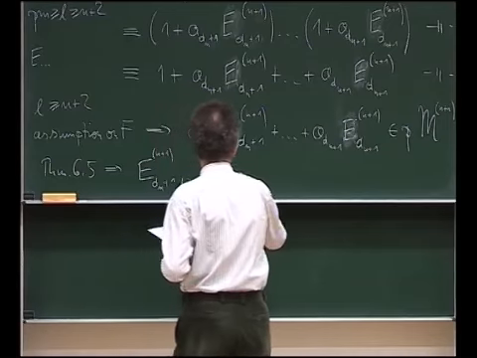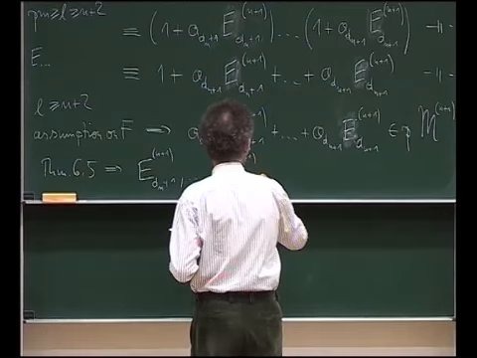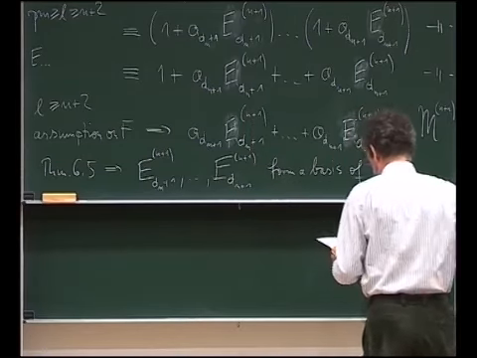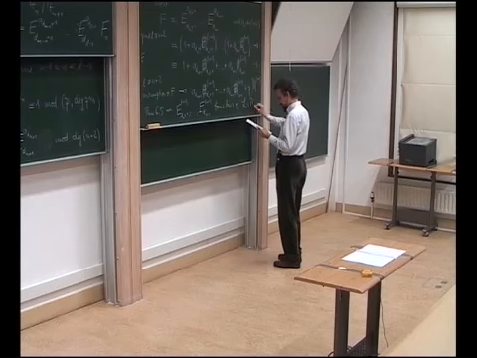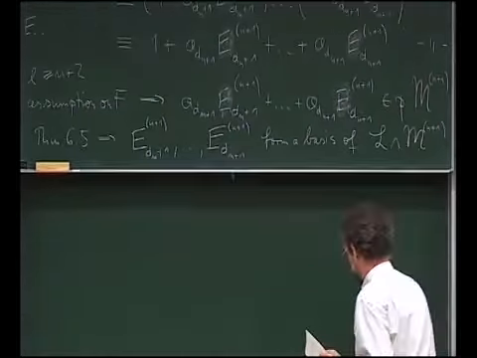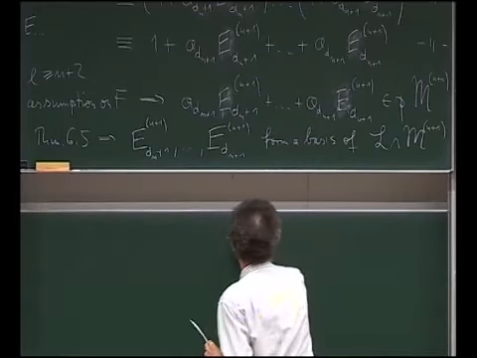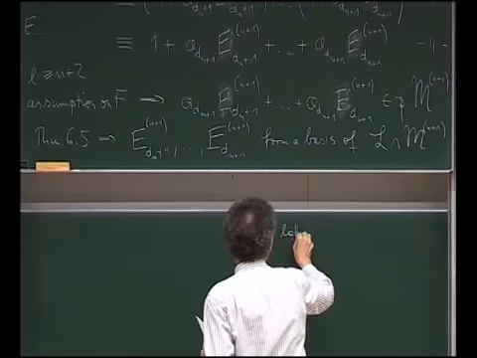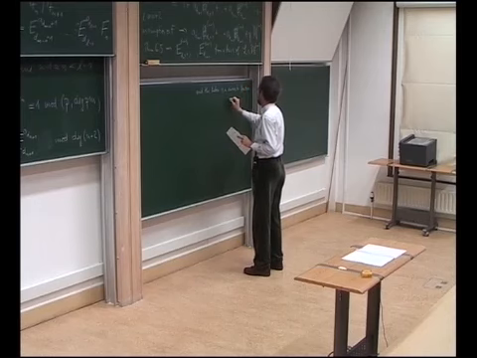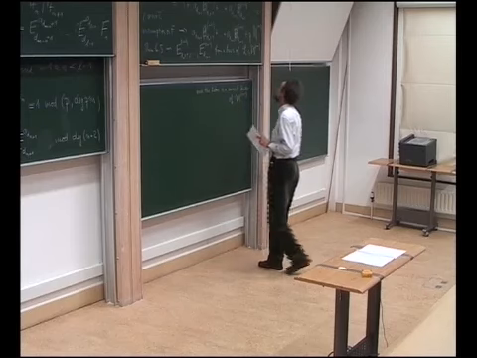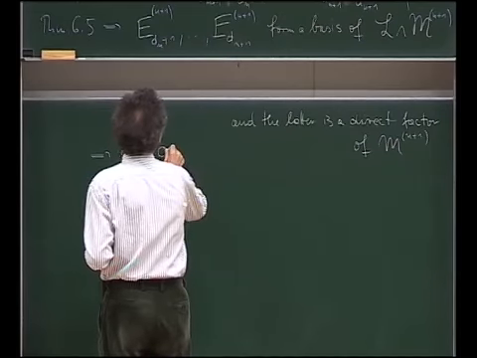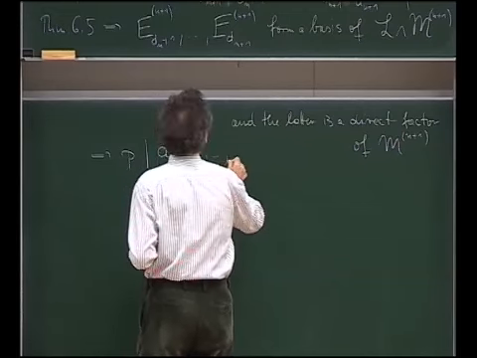We know that these elements e_{n+1,1} up to e_{n+1,n+1} form a basis of L, the Lie algebra, intersected with M_{n+1}, and that this was a direct factor of M_{n+1}.